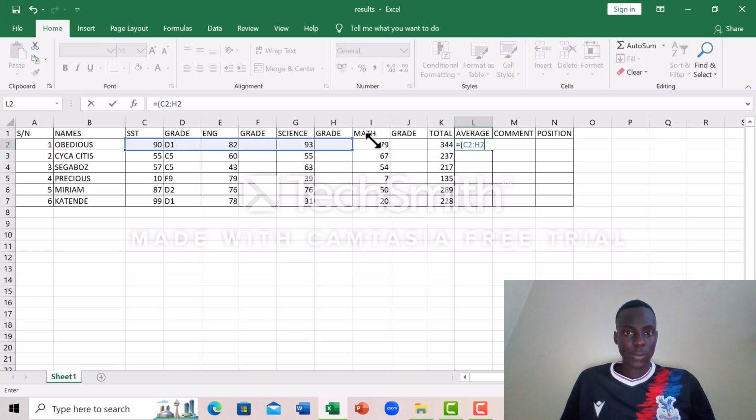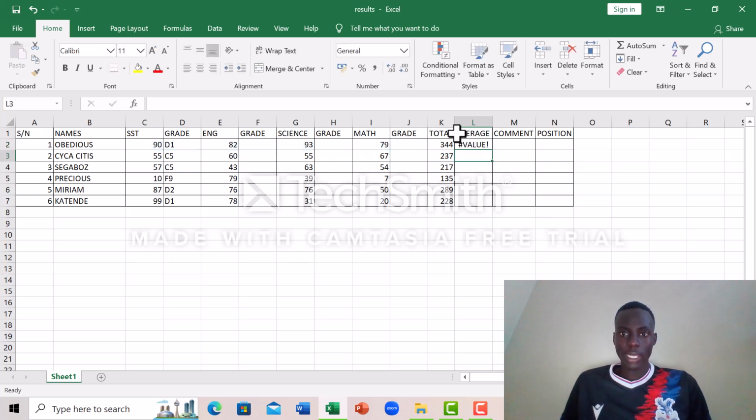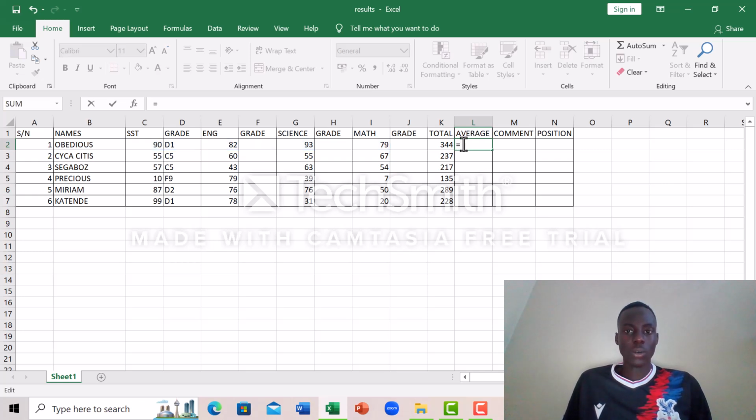Then you come up to here, close the brackets, then you divide by, no, this is not divided by, we get the total number of subjects we have, which we shall count on the screen: SST 1, English 2, Science 3, Math 4, which is over 4. Then we shall enter. Oh, it has offered us a wrong value. This thing has shown us many, which sometimes cannot be good. So errors sometimes come due to mathematical functionality. So we have to repeat again. Okay.